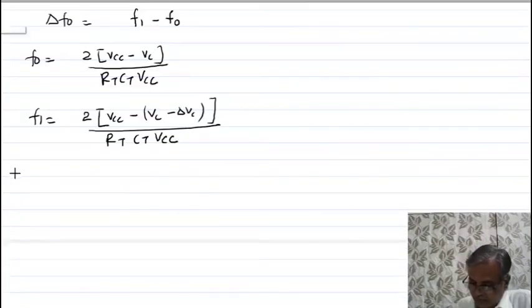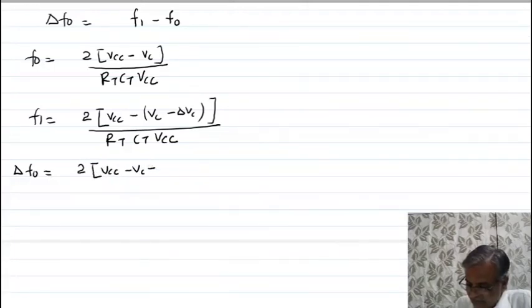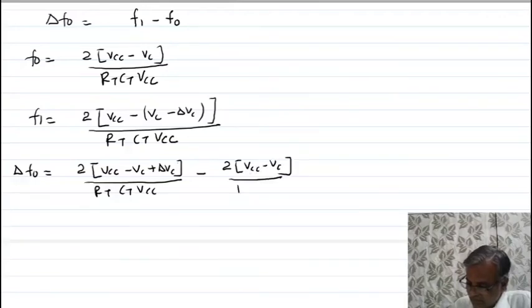Now let us put the value of F1 and F0 and put this here, F1 minus F0 is this. Only you have to do the simplification.